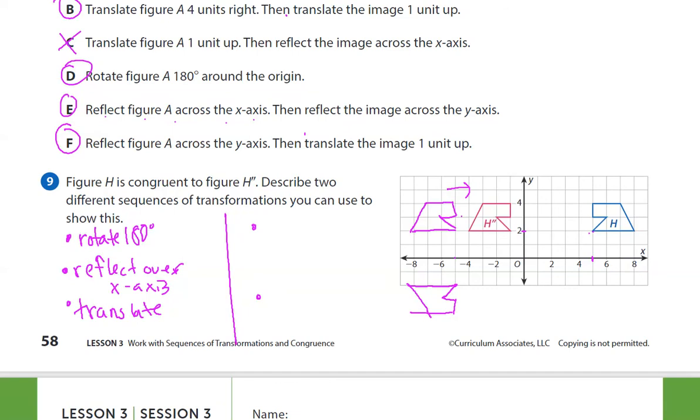How many did we go to the right? 1, 2, 3, 4. Translate 4 units right. Okay, so there's our first sequence.